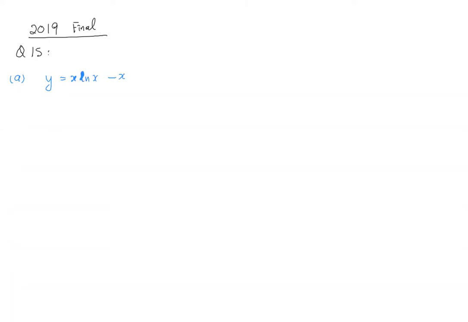So they want you to show that dy dx is equal to ln x. This one you use product rule, this one you use basic rule. So product rule, ln x times 1 plus x times derivative of ln x is 1 over x, take away 1. So you got ln x plus 1 minus 1. So you got ln x, done. 2 marks.